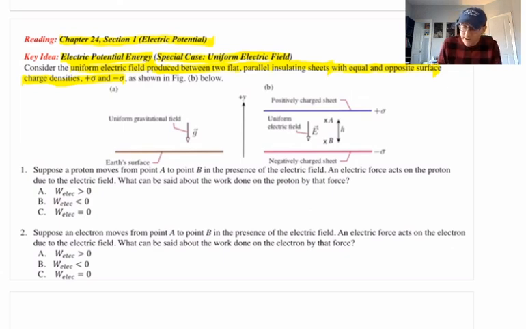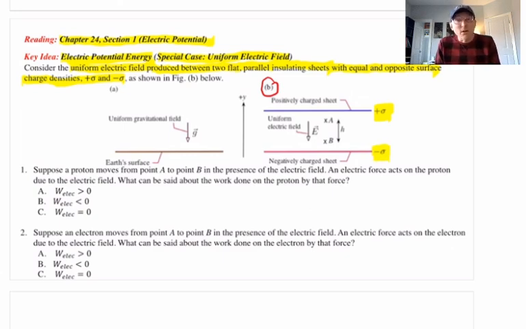And that's shown over here in the figure on the right, labeled B. The upper sheet is the positively charged sheet with a uniform charge per unit area plus sigma, and the lower sheet is the negatively charged sheet with a uniform charge per unit area negative sigma.